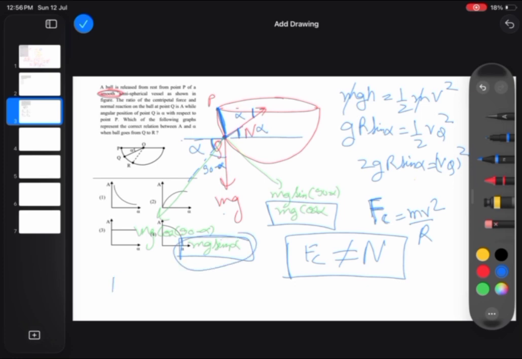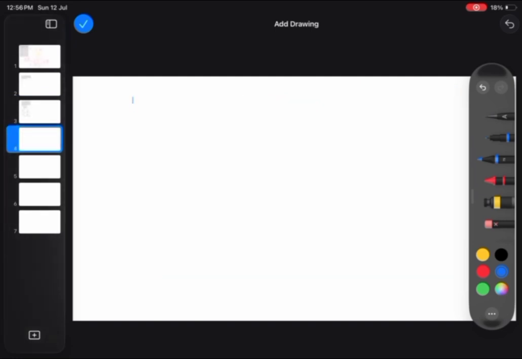So here Fc is equal to N minus mg sin alpha, which is equal to mv square by r. Here v is the velocity at point Q.